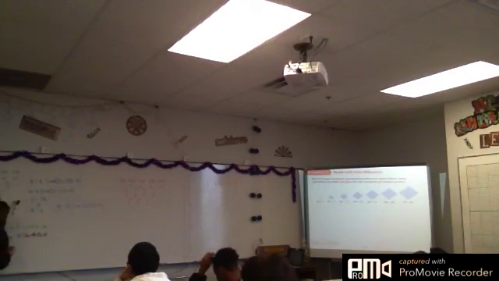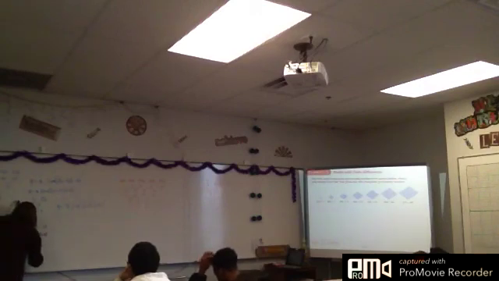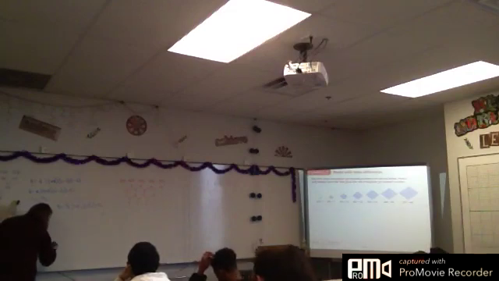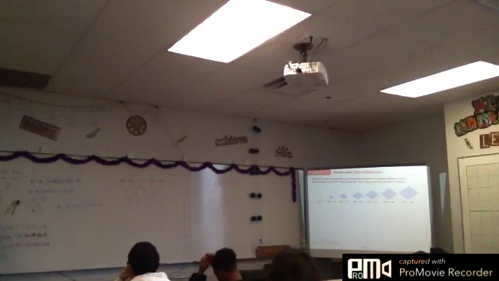This equation simplifies to 10 equals, 3 cubed is 27. 27a plus 9b plus 3c plus d. Okay?